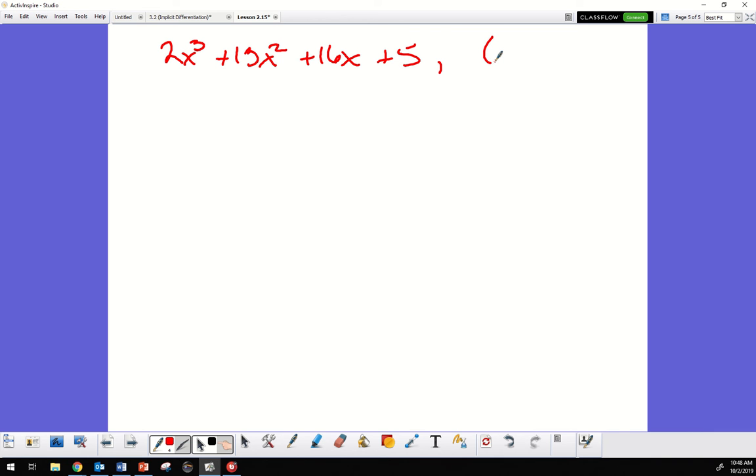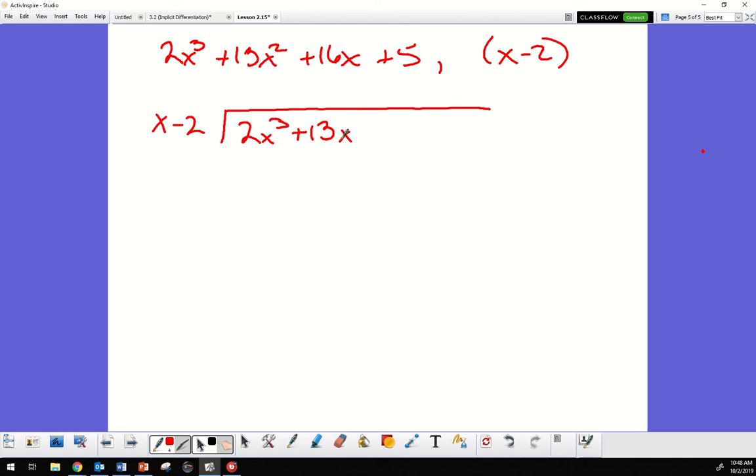So if I do that, that means x minus 2 is on the outside. On the inside, it's going to be 2x cubed plus 13x squared plus 16x and plus 5. All right, what is my leading term here that I have to address? 2x cubed, right?